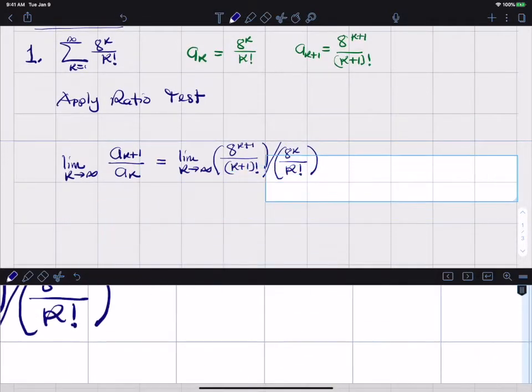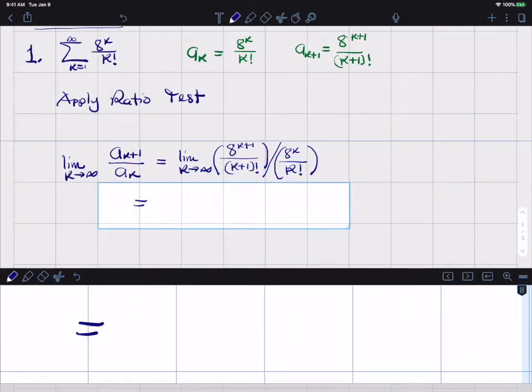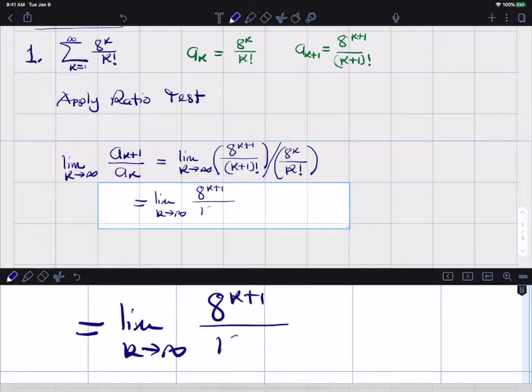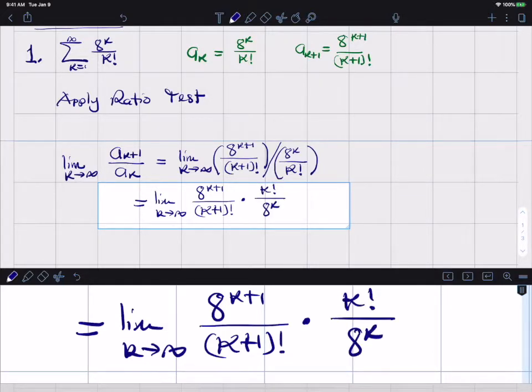Okay, so this is the same thing as the limit as k goes to infinity of 8 to the power of k plus 1 over k plus 1 factorial times k factorial over 8 to the power of k.